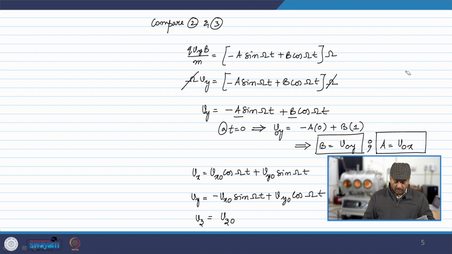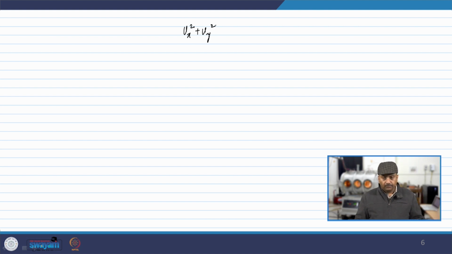Now, we have this Vx, Vy and Vz. Now, we have to understand the nature of the motion. Let us take Vx square plus Vy square.